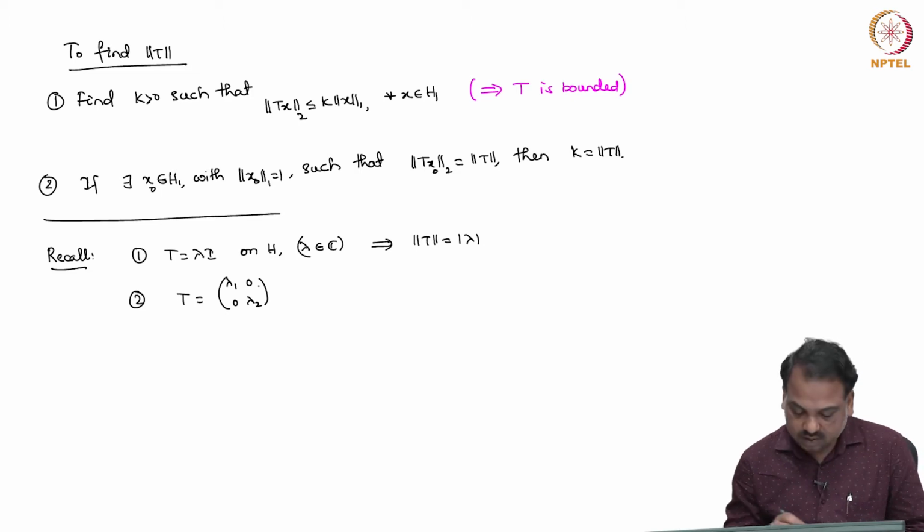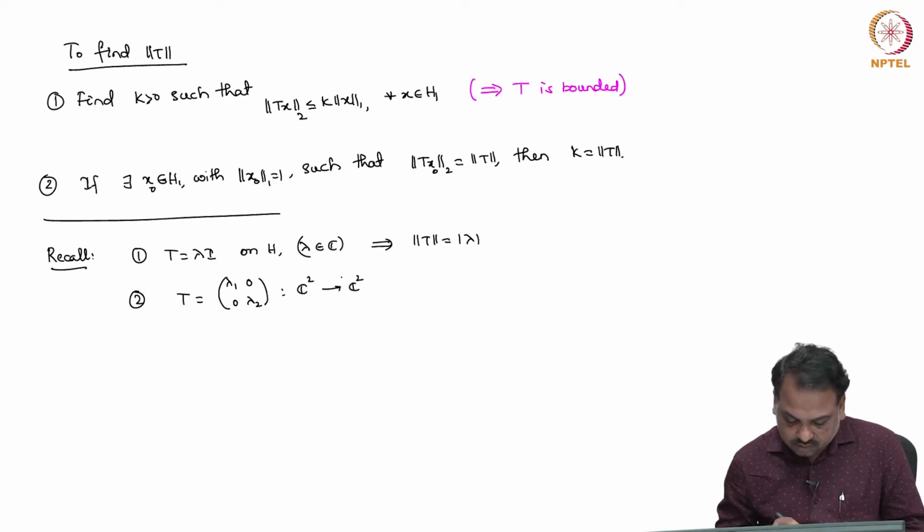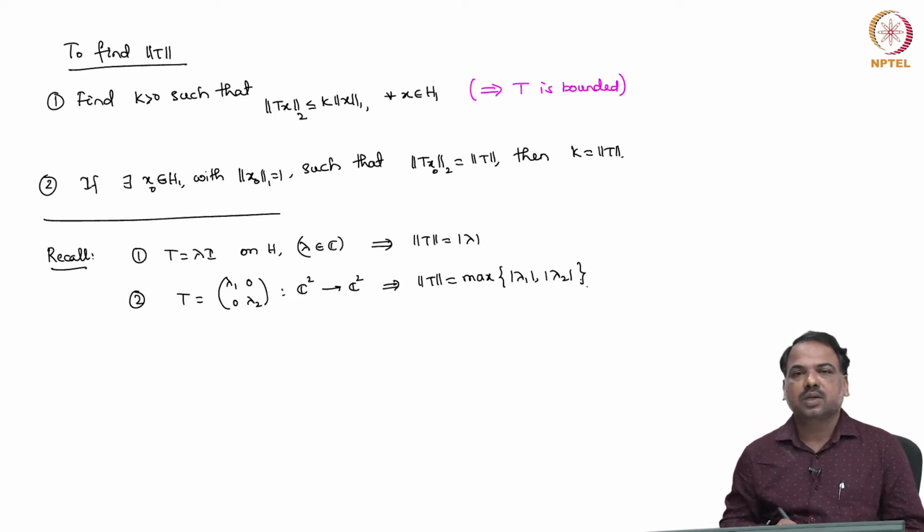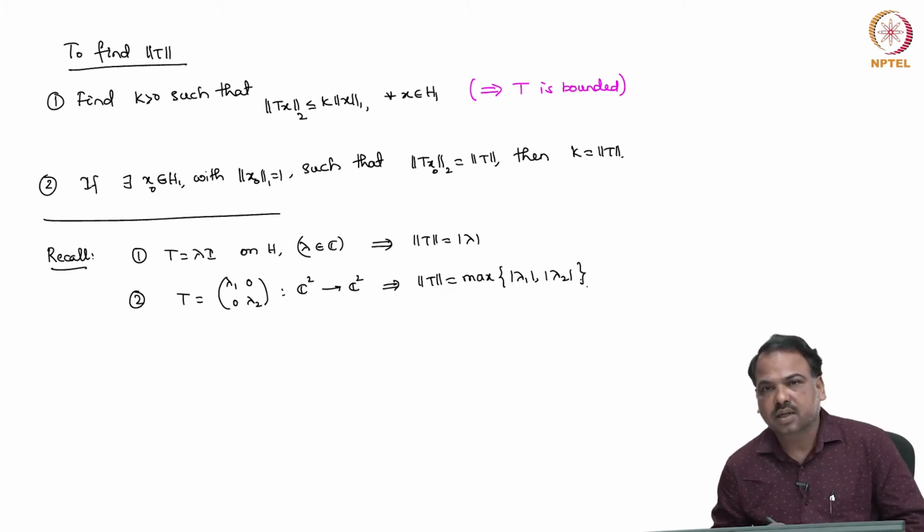Then we have shown that the norm of T is exactly the maximum of mod lambda 1 and mod lambda 2. So these are the two examples we have studied in the earlier class.